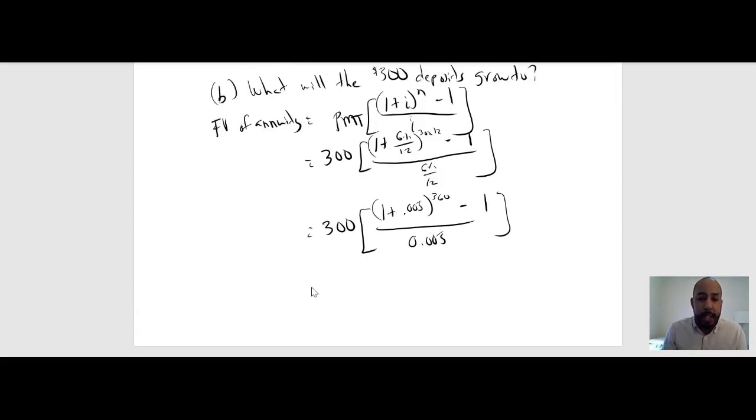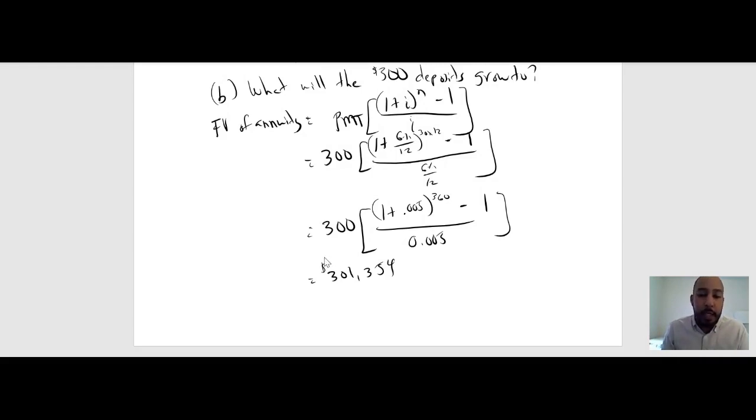So working this out, I get this to be $301,354. So $301,354 is the value that's going to be in the account due to the $300 deposits.